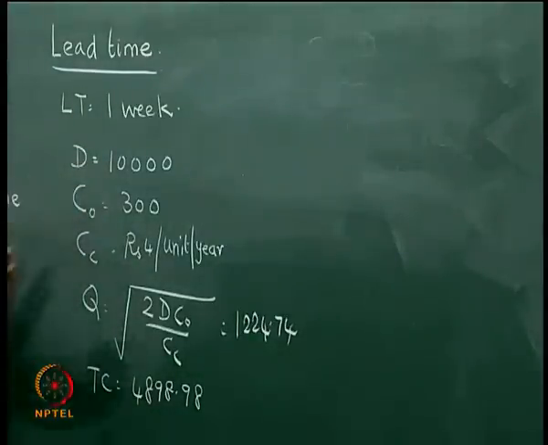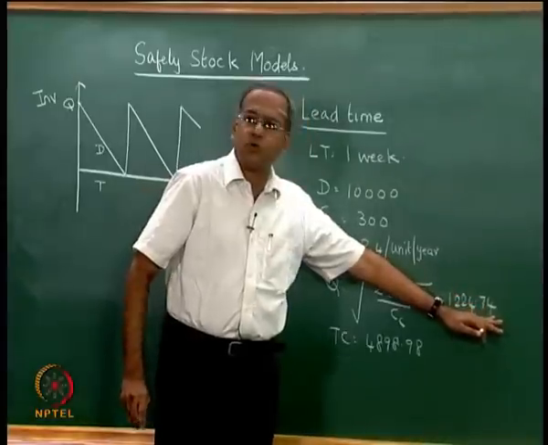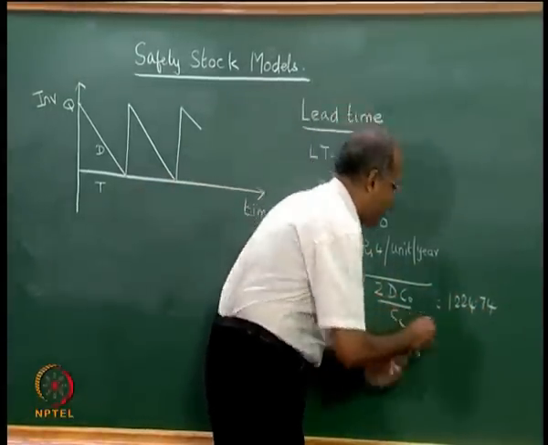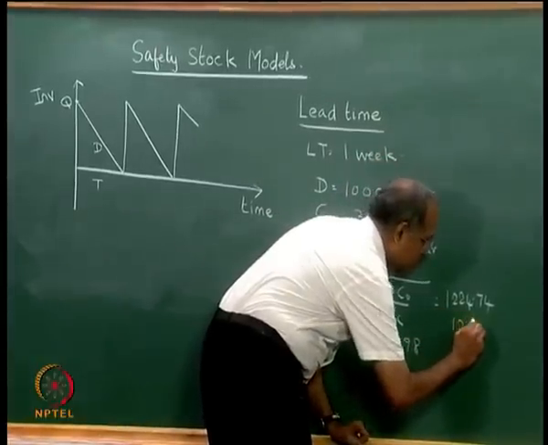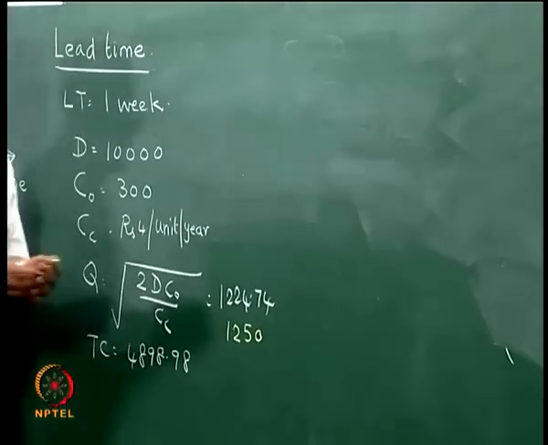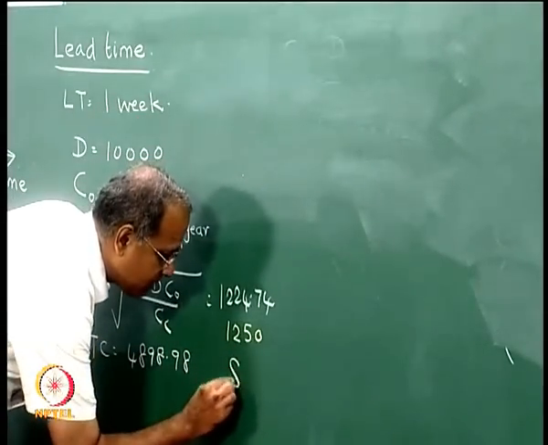Now, let us assume that we are not exactly implementing 1224.74. Let us say we are implementing a more comfortable number of 1250, which would also give us exactly 8 orders per year.